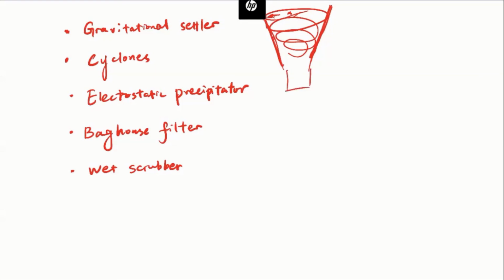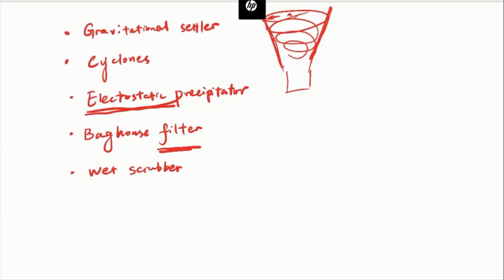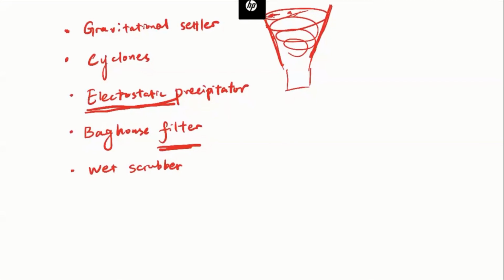The electrostatic precipitator uses the electrostatic force. It's similar to the device that we talked about last class, which uses the electrostatic force to classify particles. Basically, we use this extra force to collect them onto certain plates or certain wires. Baghouse filter, right? I believe that quite many of you have filters at home. You probably need to install the filter yourself as well.